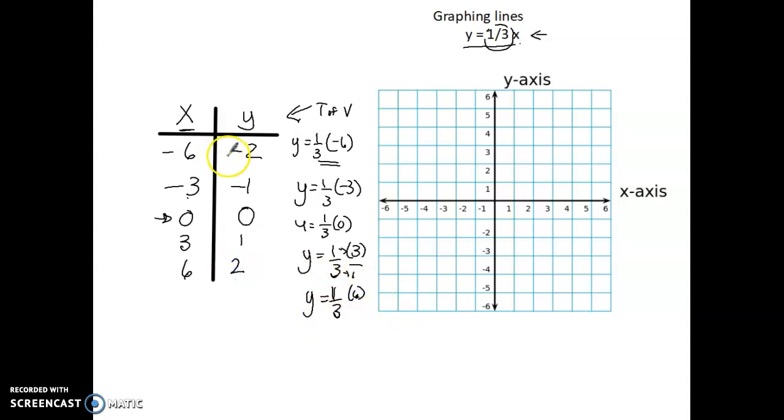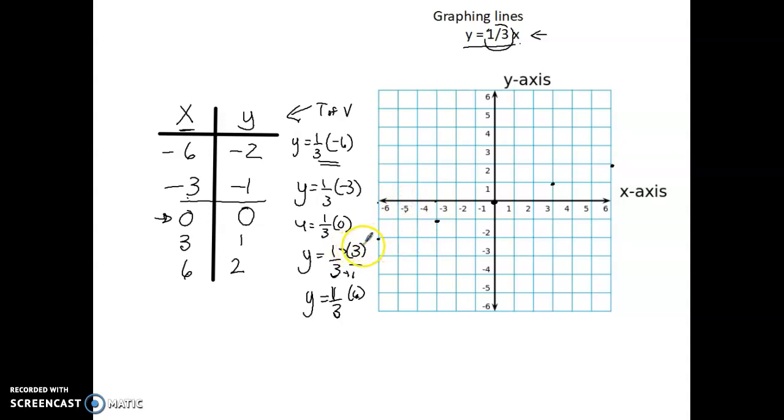Now I'm going to plot these points. When x is -6, y was -2. When x was -3, I'm looking at my table of values, y was -1. When x was 0, y is 0. When x was 3, y was 1. And when x was 6, y was 2. So now my line has changed a little bit, and I could find other points, like take -5 and divide it by 3.